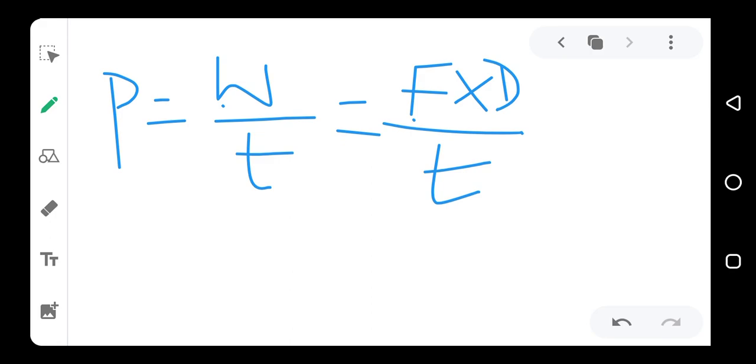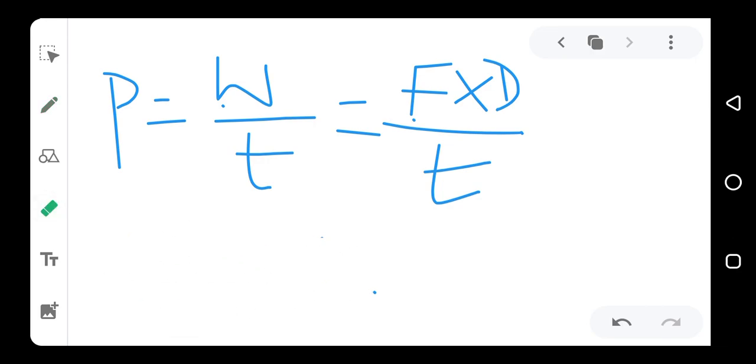Even the force, I said that if we don't have force, we can use F equal to MA to get the force. That means that sometimes they may not even give us the force straight, but give us mass and acceleration and then the distance. Then we use the three things to calculate the force and then multiply by the distance to get the work.